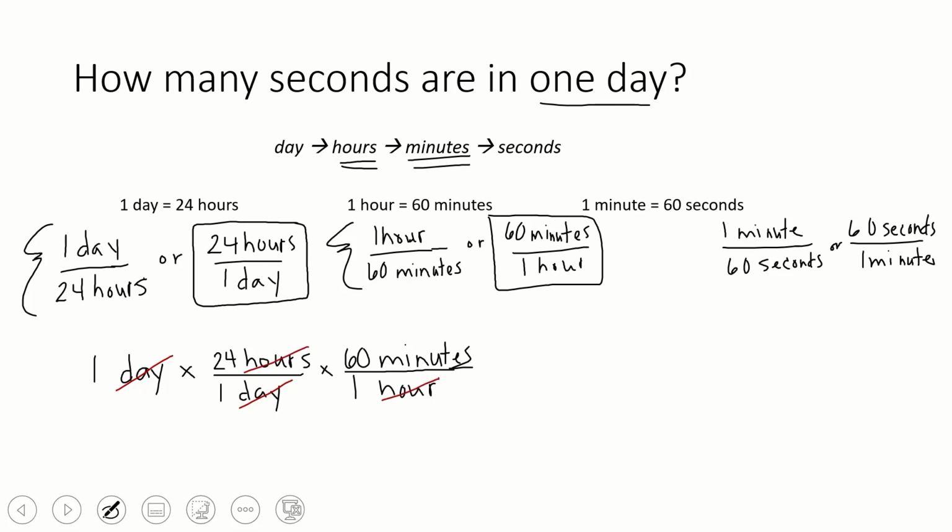So now I'm in units of minutes, and I ultimately want to get to seconds. So I'll use a conversion factor that relates minutes to seconds, so it will be one of these two conversion factors. The one that makes sense to use is the one that has seconds on top, because that's what I'm solving for, and minutes on the bottom.